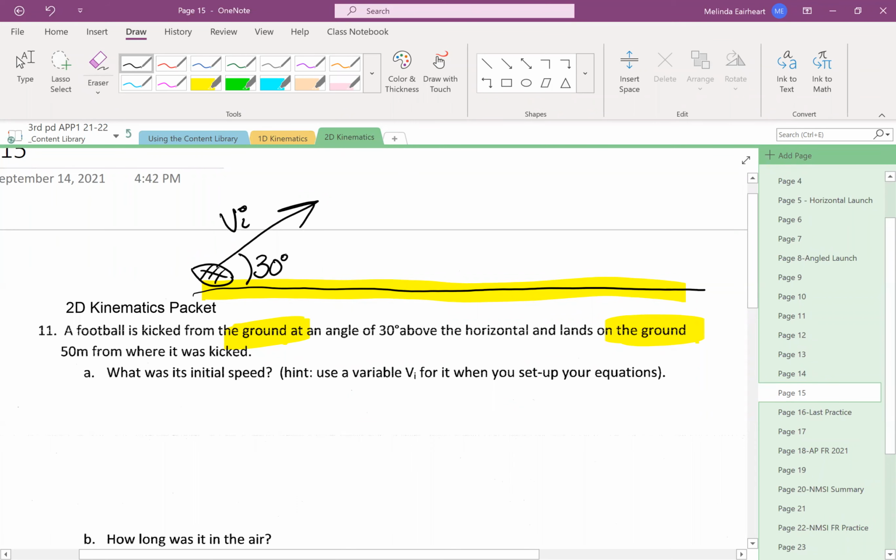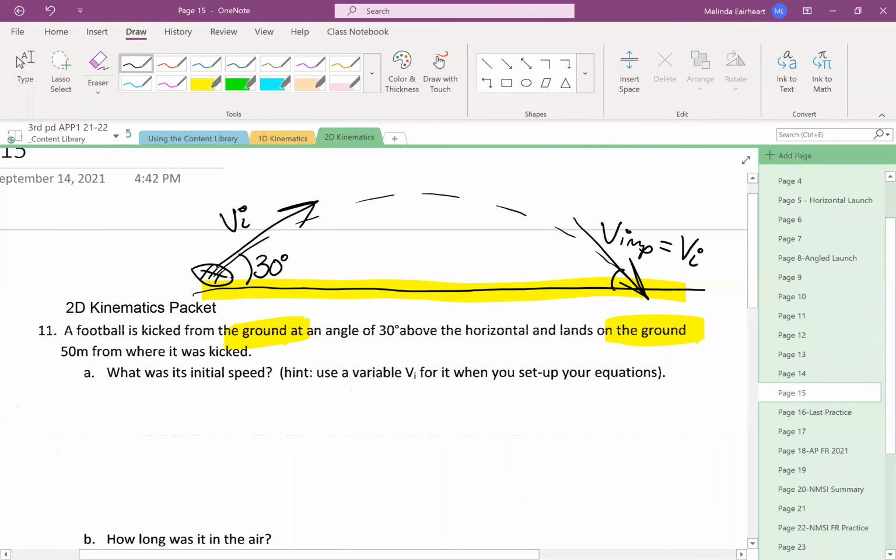It's going to land on the ground, so we get to do the symmetry. It goes up, up, up, up, up, and down. It's going to land at what impact speed? I'm not looking for a number, but what do we know about the impact speed here if it's ground to ground? It's equal to whatever the initial launch speed or kick speed was, right?